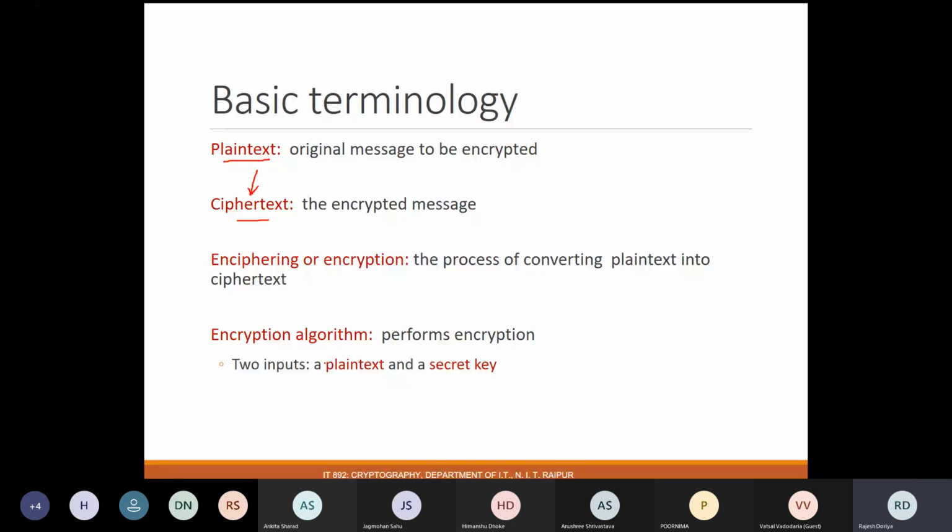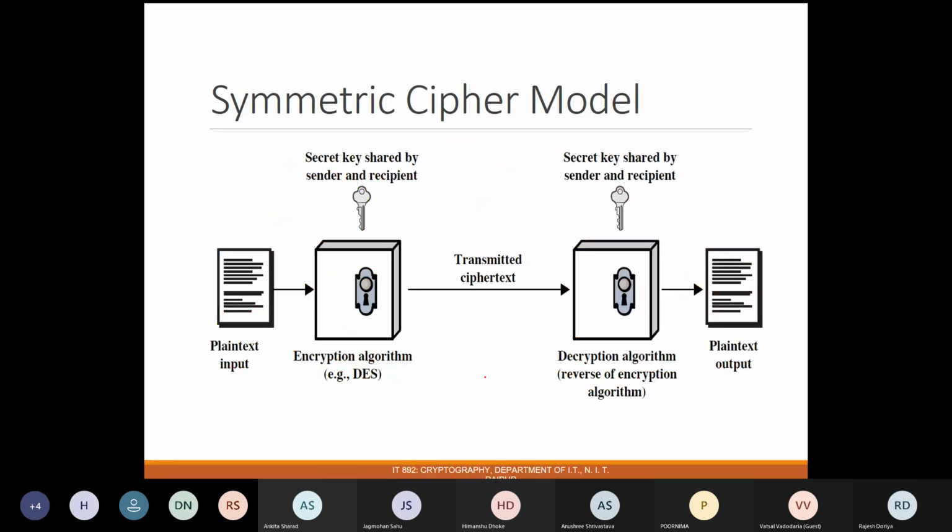Fine. And apart from that, if we talk about any encryption algorithm, then in order to have any encryption, we need to have two inputs. The first one is your plain text, and the second one is your secret key. We are going to see what exactly is meant by this secret key. Then this is how your symmetric key cipher model looks. Initially we have our input, then we usually apply some algorithm over that input, and that algorithm may be DES, AES, or any encryption algorithm.